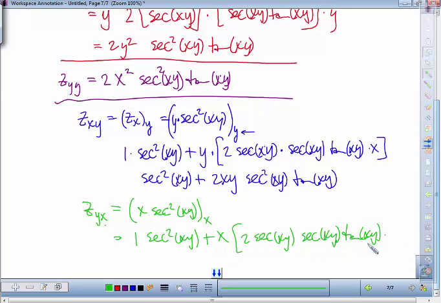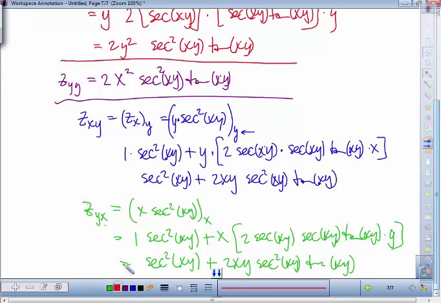And the derivative of xy with respect to x is y. So if we simplify this, it turns out that these two things are equal.